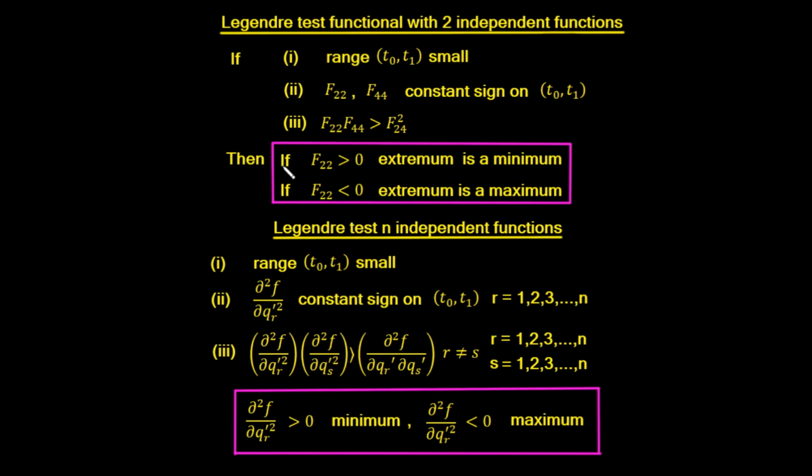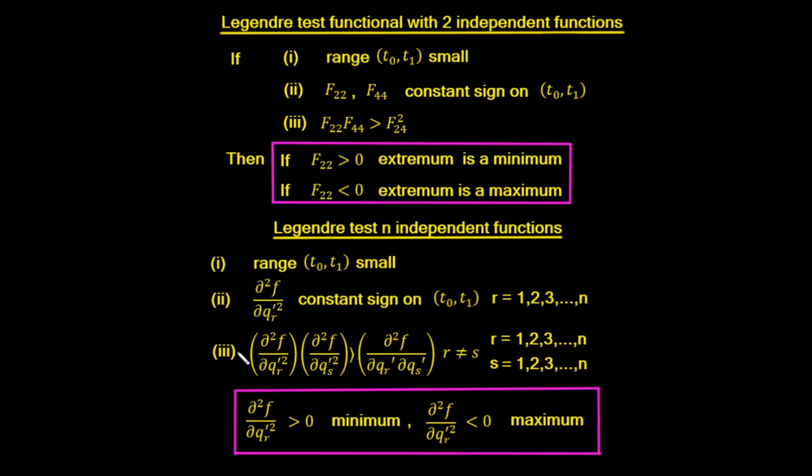Now, if we were to extend this from two independent functions to n independent functions, then again the Legendre test would tell us that as long as the range t0 to t1 is small, and if partial squared f by partial q r derivative squared is of constant sign on the range t0 to t1, where r is 1, 2, 3 up to n, and this here is satisfied as well.